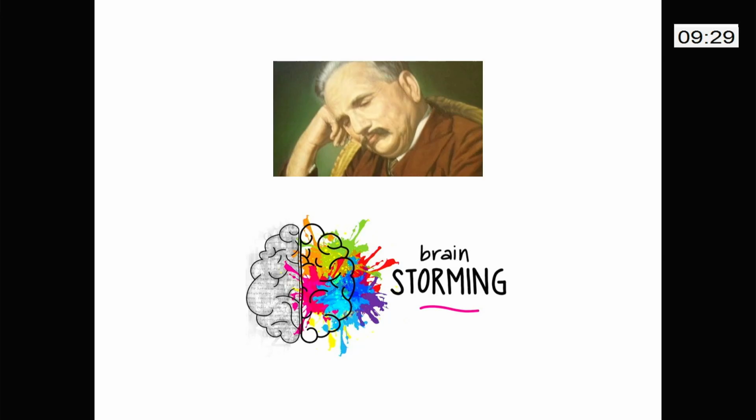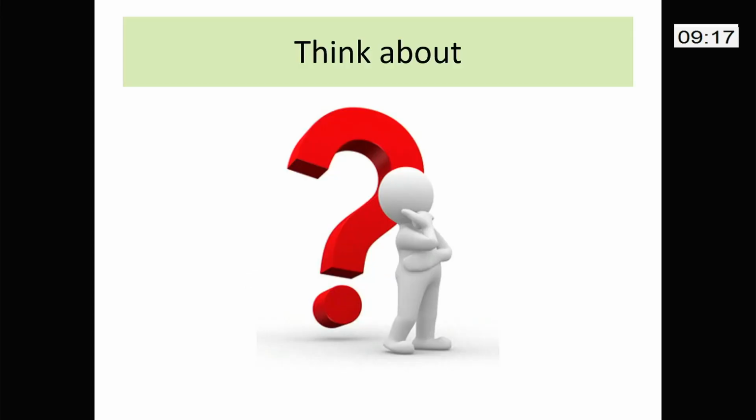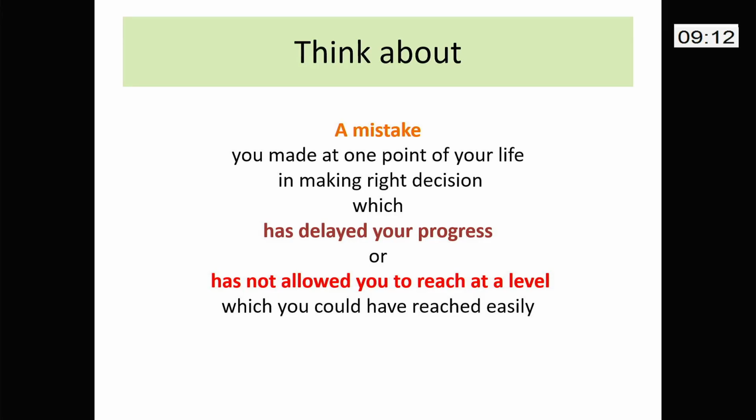I start my talk with this brainstorming exercise and ask all of you, especially the juniors, to think not of the future but of the past: one mistake which you have made at one part of your life in making the right decision, which has delayed your progress, and had you not made that mistake, you could have reached a better destination.